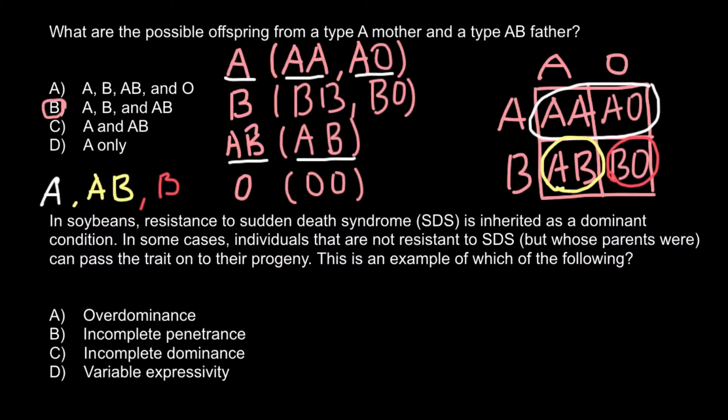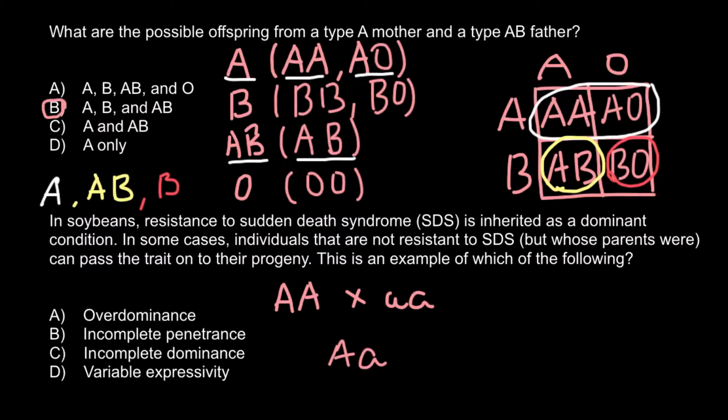Imagine that we have one parent whose genotype is capital A, capital A, another parent whose genotype is small a, small a, and when we cross these two parents, the genotype of the progeny is going to be capital A, small a.